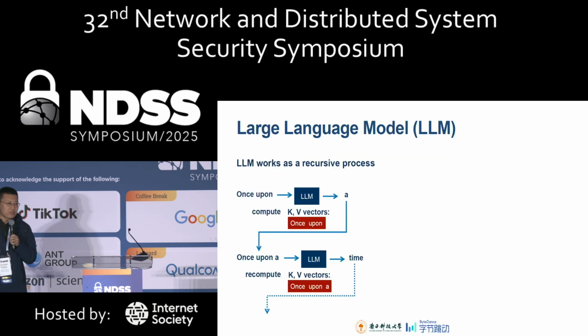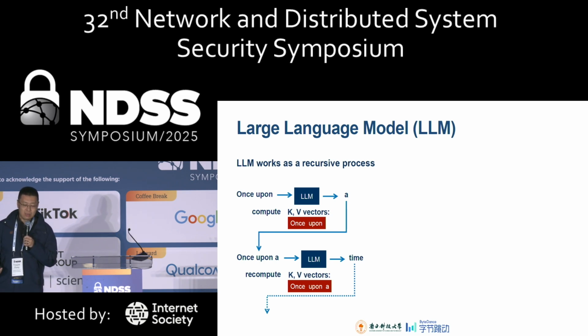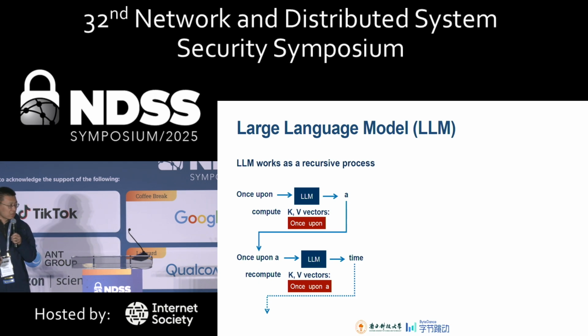Okay. I guess everybody knows about large language models, so I'll cut to the chase. Large language models work in a recursive manner, so the output of the previous iteration can become part of the input of the next iteration. The most computation-intensive part is computing the KV vectors to determine the attention of each token.